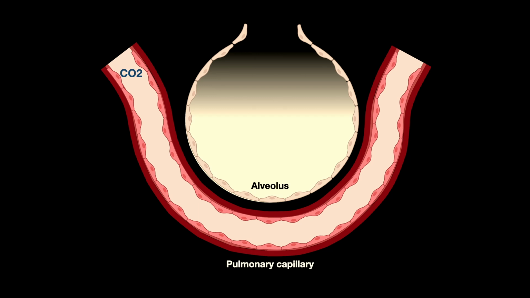And so you'll notice CO2 in the upper left, because coming into this capillary is blood that the heart is pumping to the lungs, because we need to get rid of carbon dioxide and we need to collect oxygen. So CO2 is for carbon dioxide. It comes in, and then gases diffuse via concentration gradients.